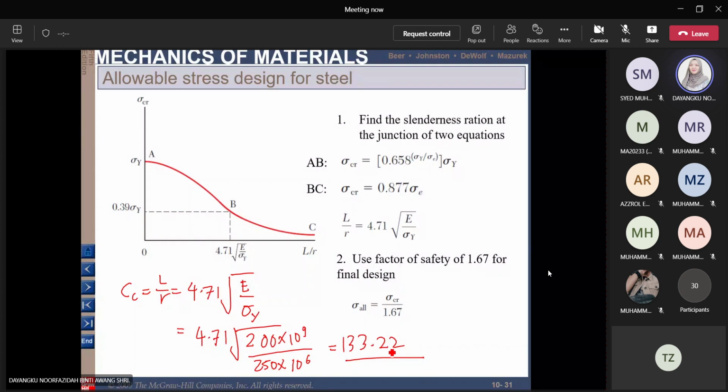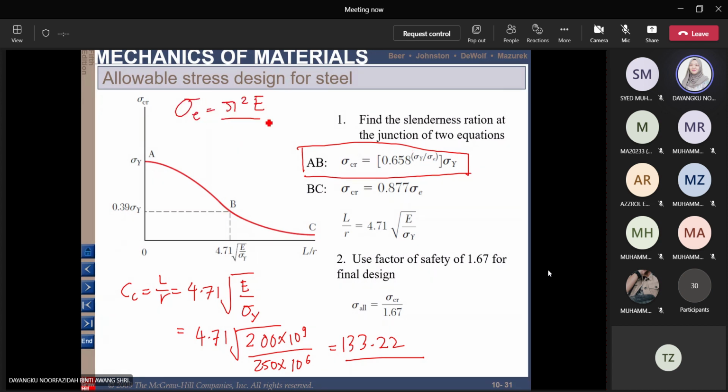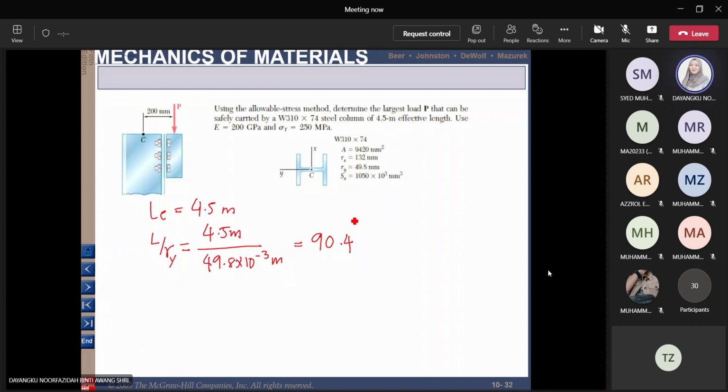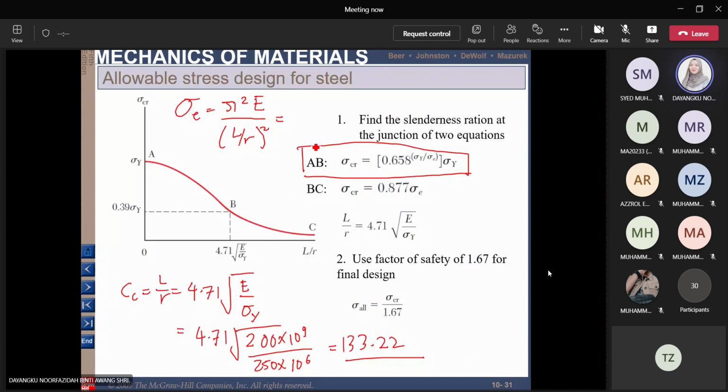So now you need to calculate your critical stresses for AB. We use this equation here. First you need to calculate your Euler stress. The Euler stress is pi squared E divided by L over R squared, using the L over R that you already got just now. L over R was 90.4, so use 90.4. E is given there, 200 gigapascal. Calculate your Euler formula first.